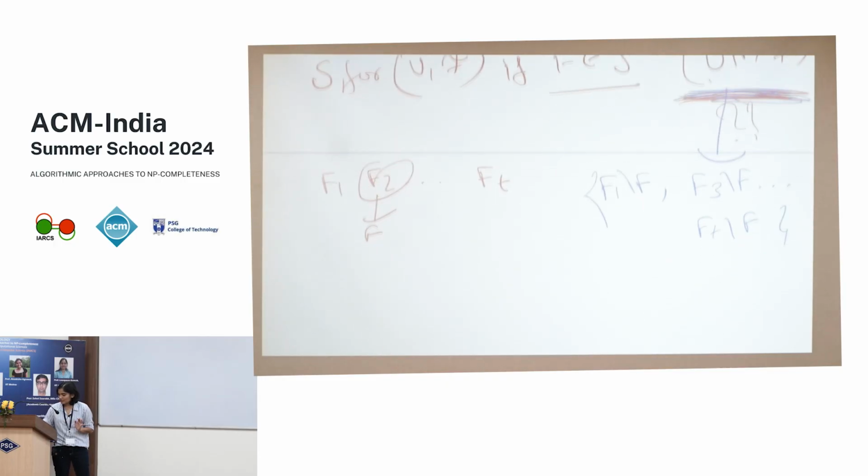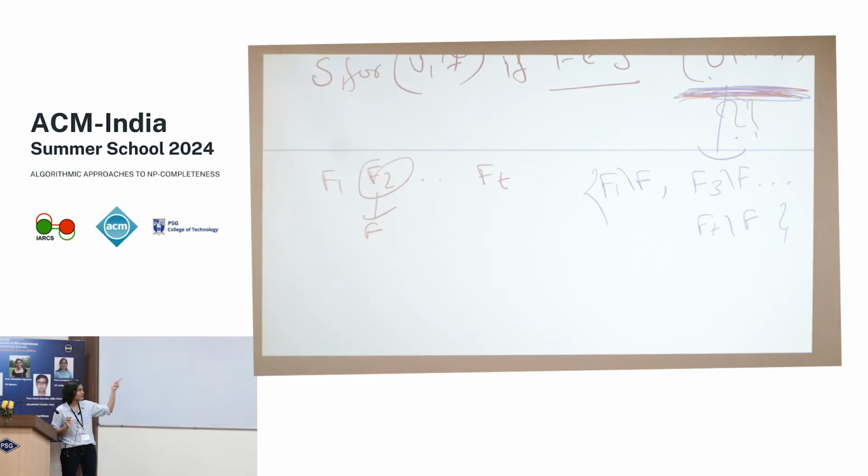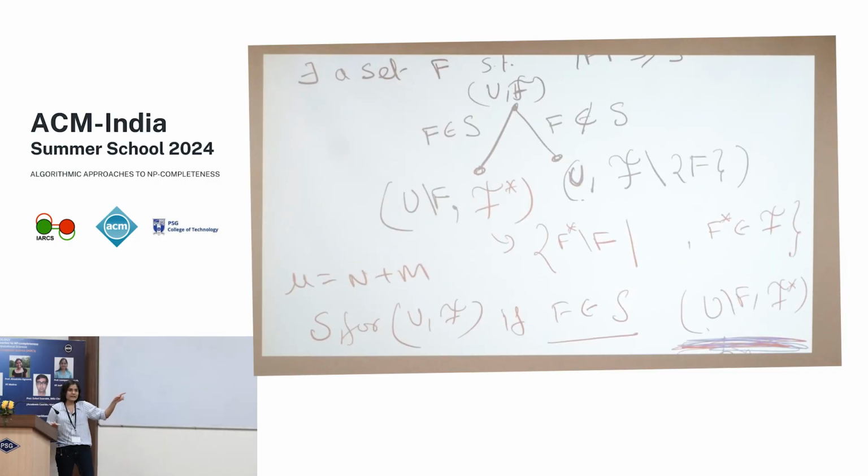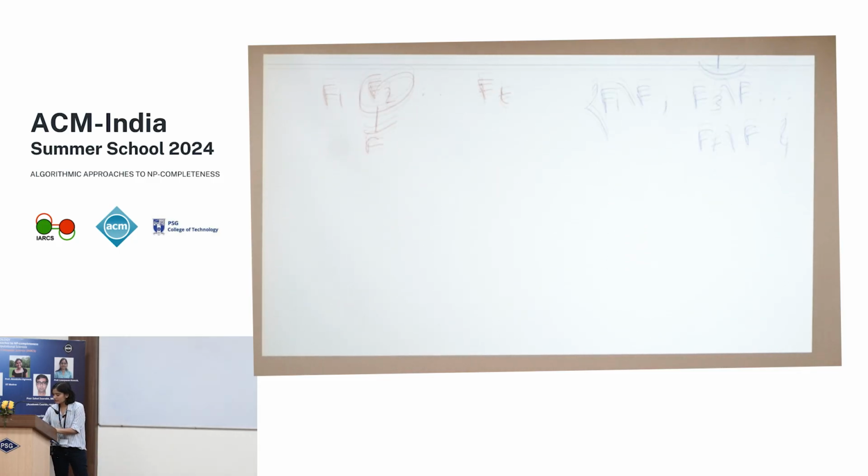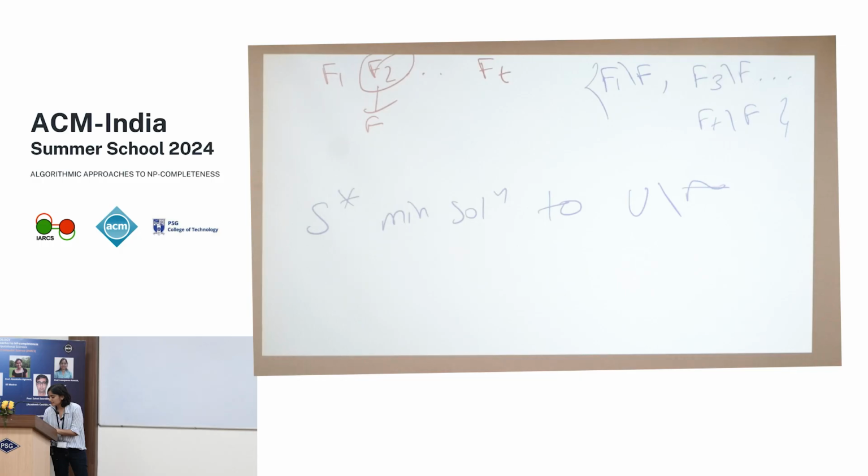Okay? Suppose now, whatever your solution to the reduced instance is, maybe you are constructing a smaller solution for the reduced one. Okay, let's construct that smaller solution. You have some optimum solution which will be of minimum size. So let's take that solution. Let's say S star is a minimum solution to U minus F, F star. This is some solution.